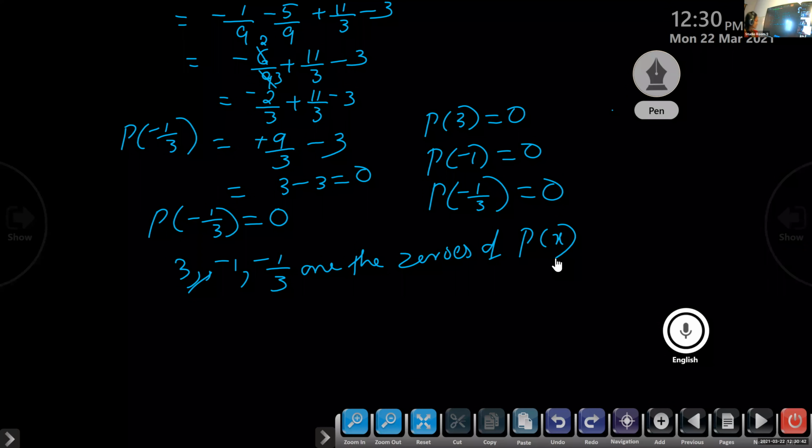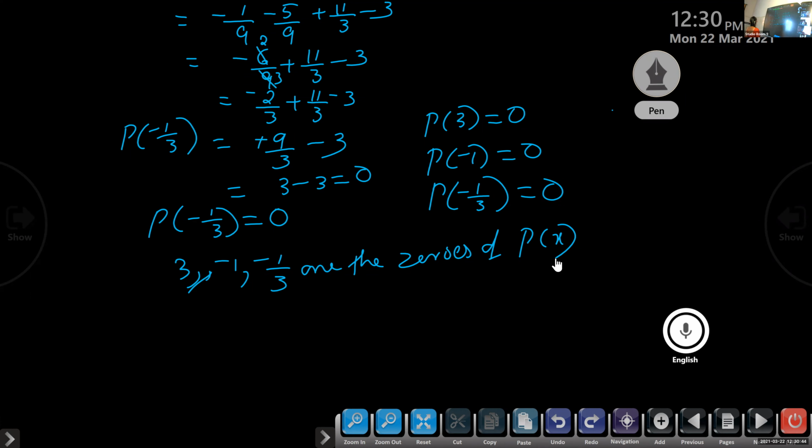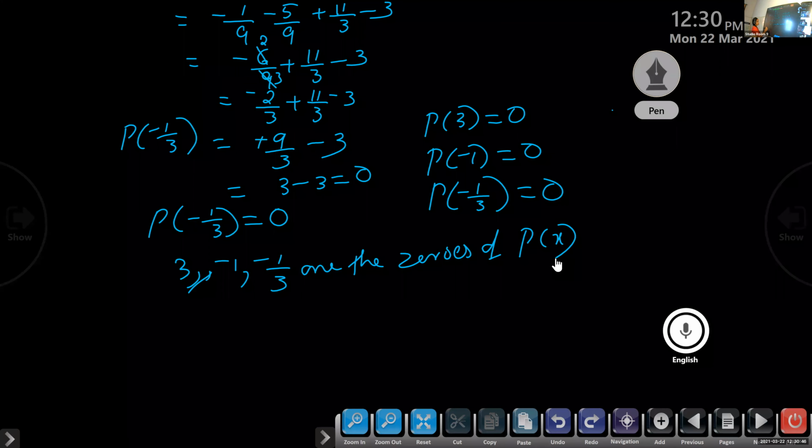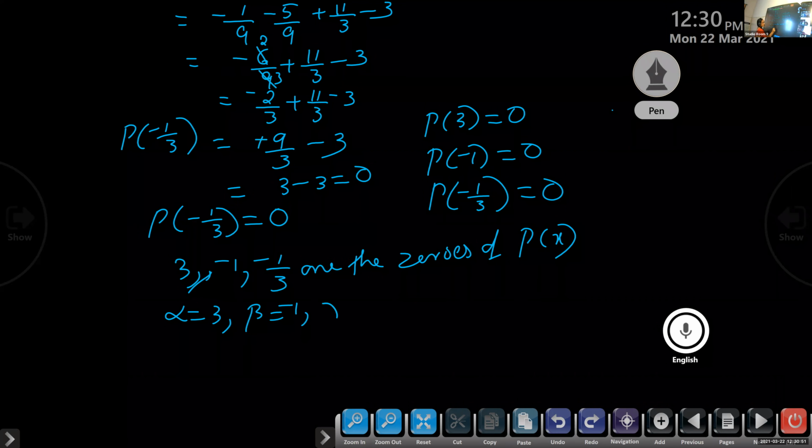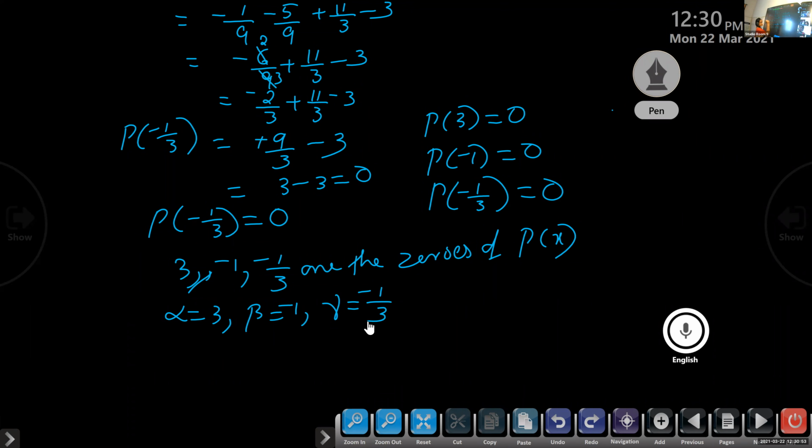Now verification. The zeros are alpha equal to 3, beta equal to -1, gamma equal to -1/3. And what are A, B, C and D from the equation?